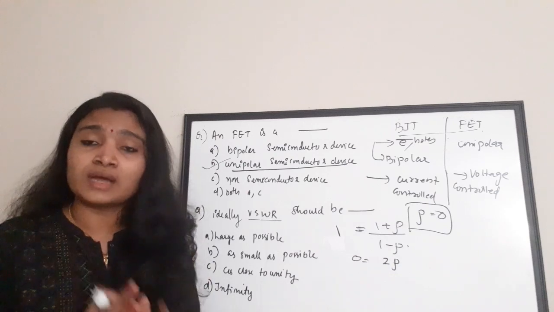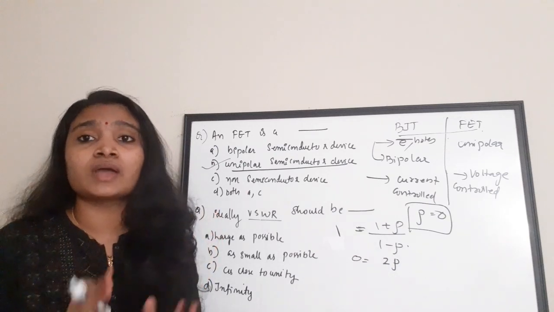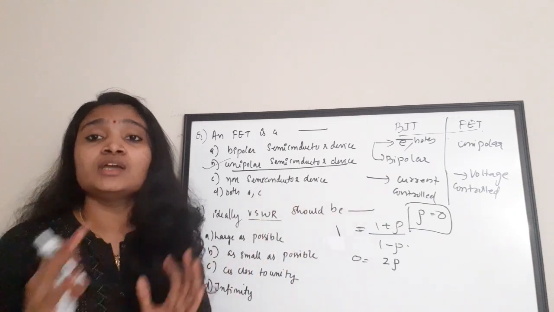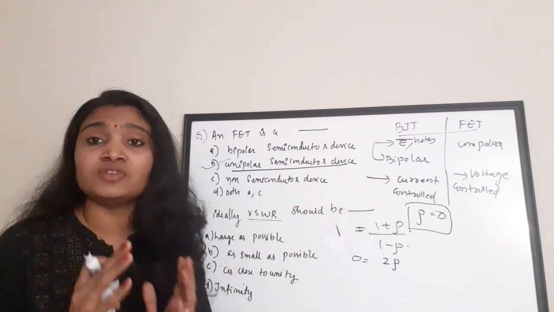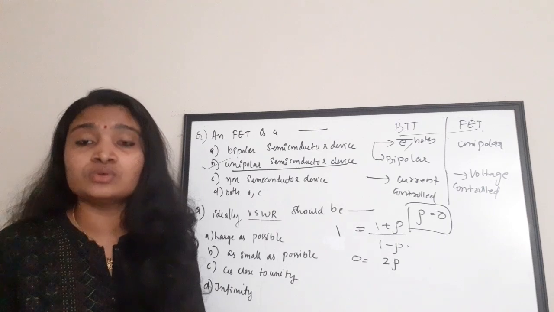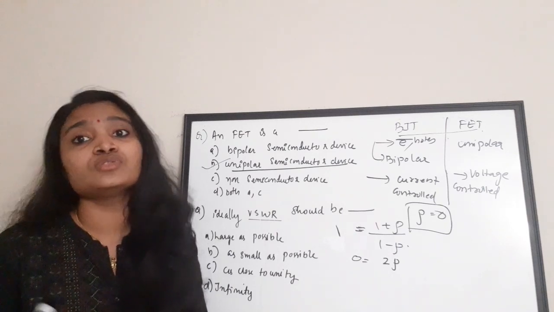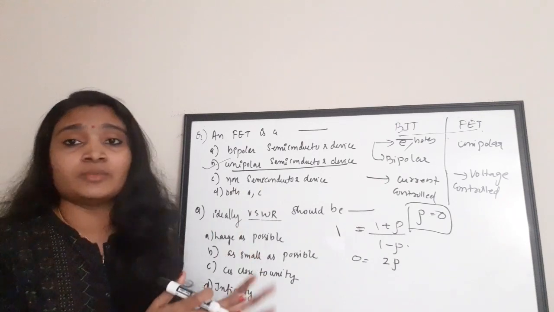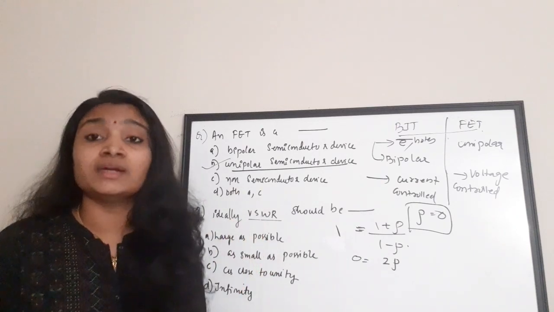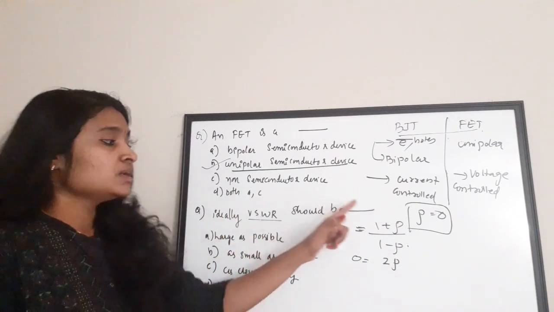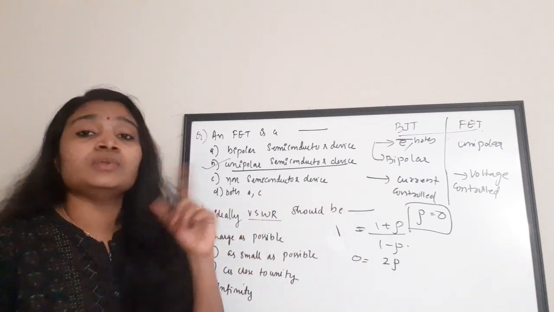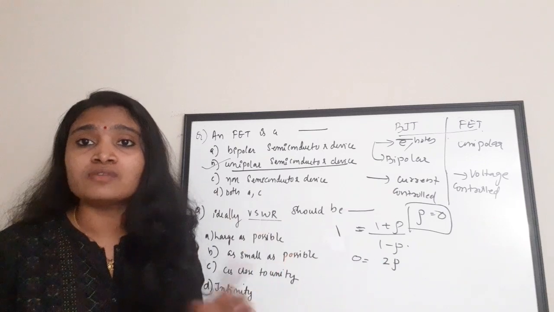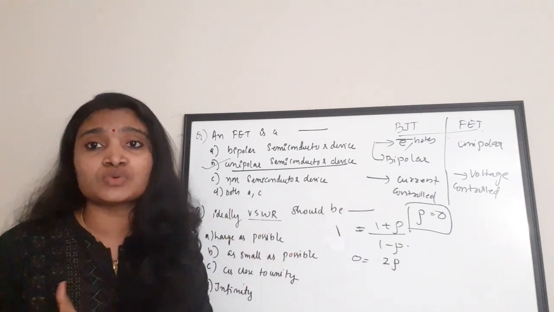So in order to have no reflections, or the value of reflection coefficient equal to 0, we need VSWR ideally equal to unity, or equal to 1. If you go on talking a lot of theory about this question, there is a lot to talk, but I am briefing it. So the value of VSWR should ideally be equal to 1 in order to have no reflections back to the source side.